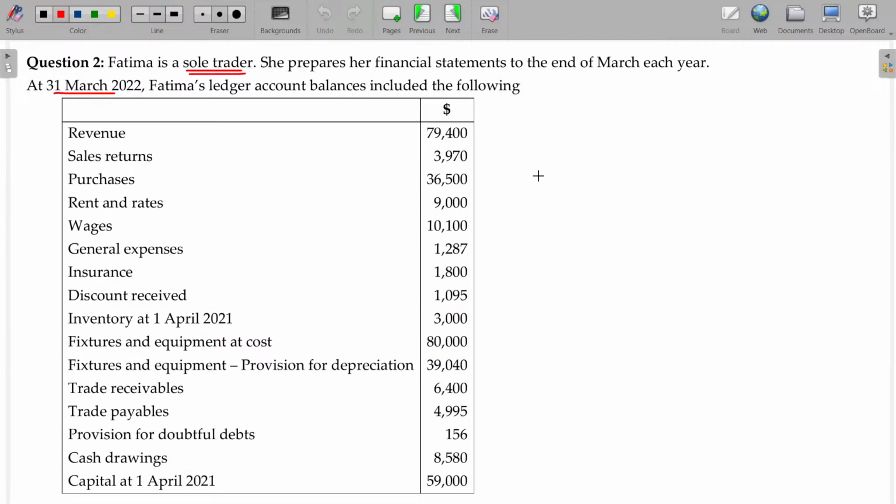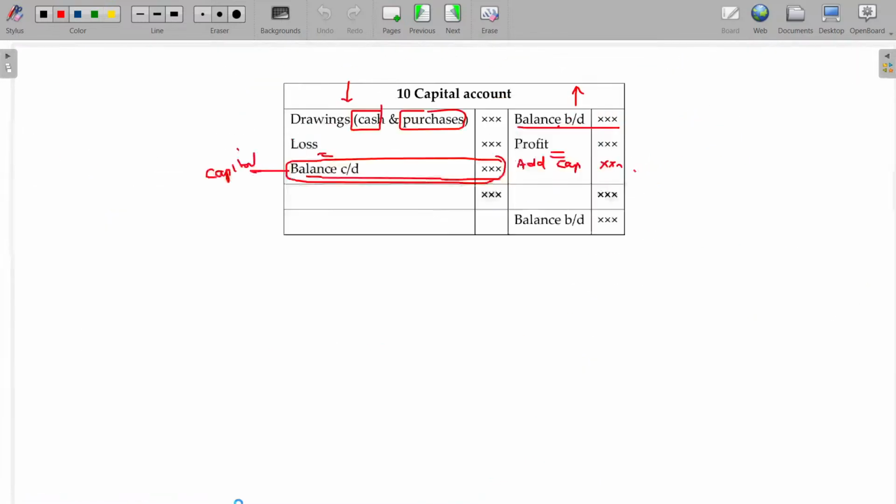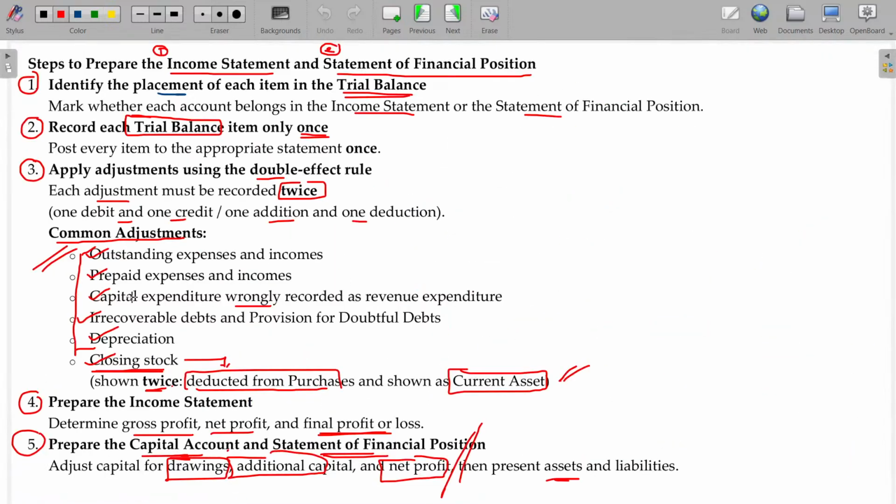Whenever it is all about the income statement, you can first write down the basic format. And you need to find out where these items will go. I already told you the steps. Identify the placement of each item in the trial balance. What are the items given in the trial balance? Now you have to find the details of where each will go, and the adjustments to be incorporated.